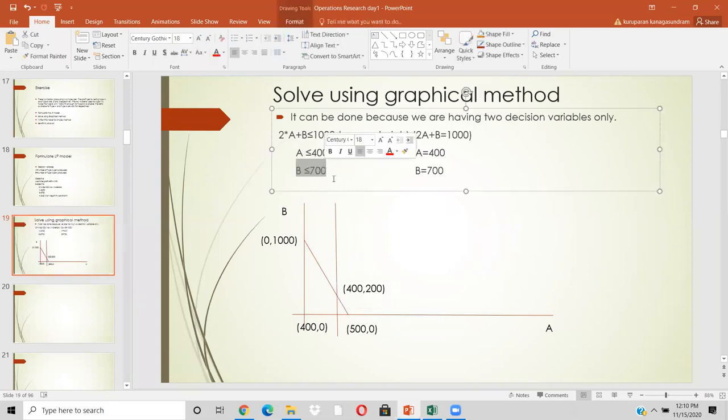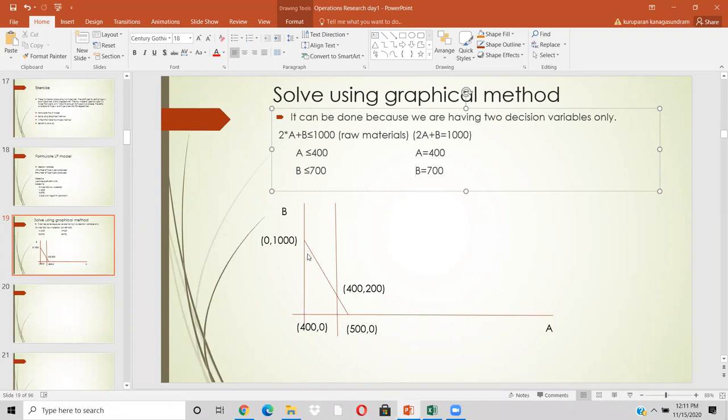Next we have to find the new feasible region, which will be to the left or right of the line. Less than 400 means A will be less than 400 in this region.